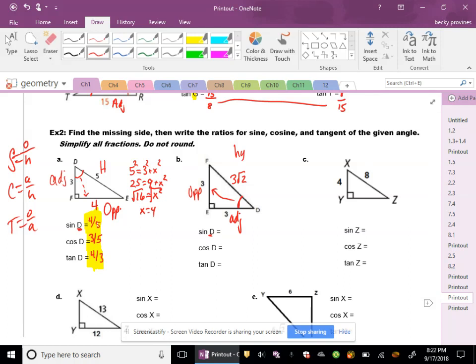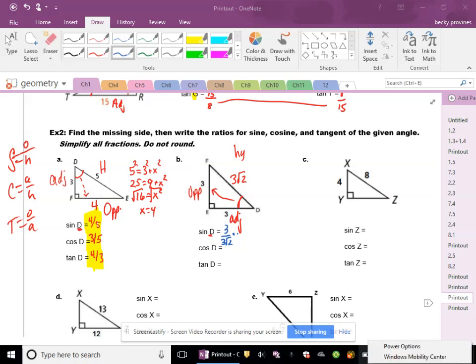Opposite over hypotenuse. So we have 3 over 3 root 2. I'm hoping your little math radar is going off because you're not allowed to have that square root in the denominator. And you might also notice you have a 3 on top and 3 on the bottom, so you're allowed to simplify it. There's a lot going on here we need to fix.